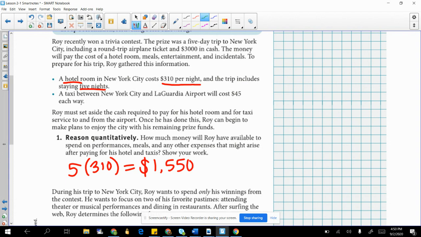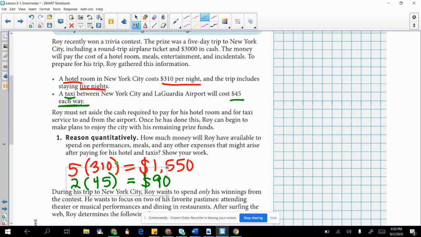He also needs to check out his taxi prices. So the taxi will cost $45, and that's each way. So to his hotel and then home. So we are going to do 2 times 45, which is going to give us another $90 for his taxi trips to and from the airport.